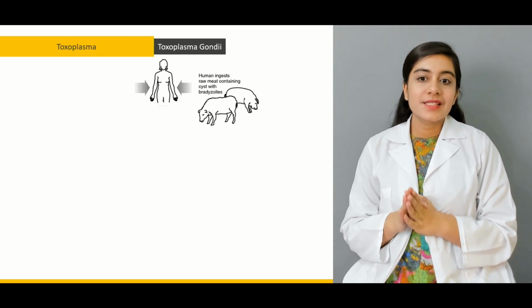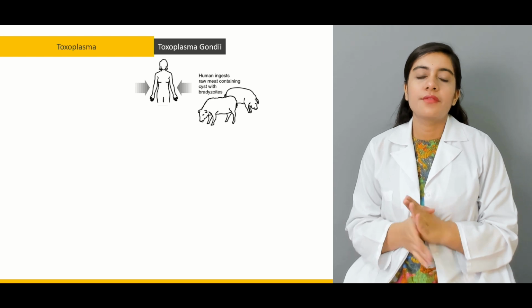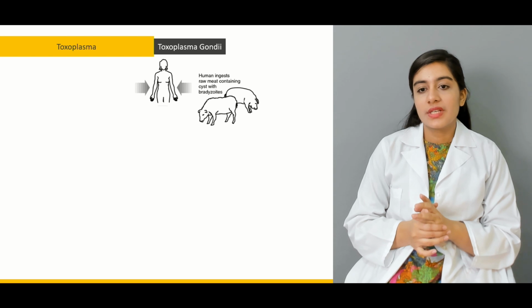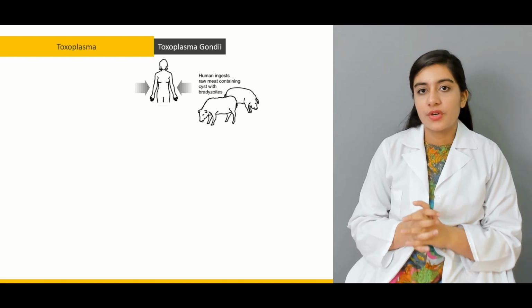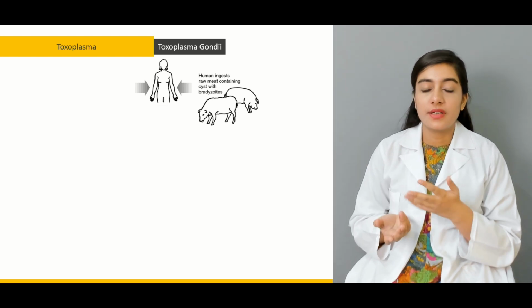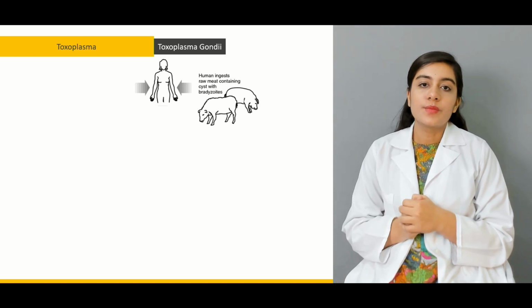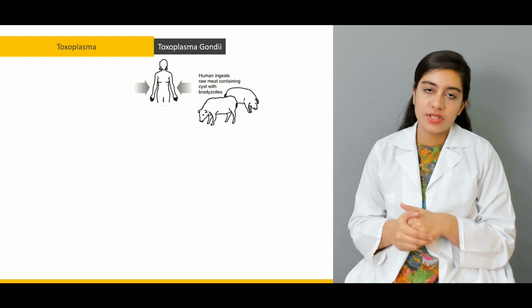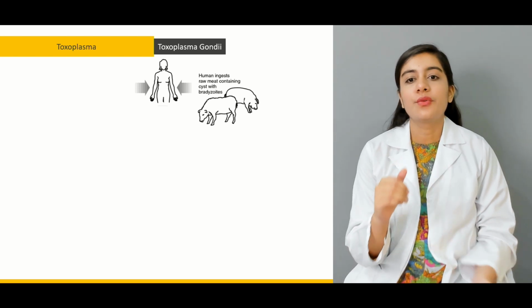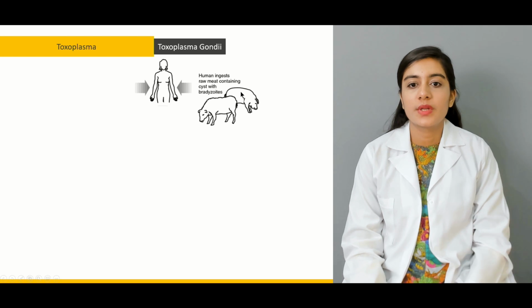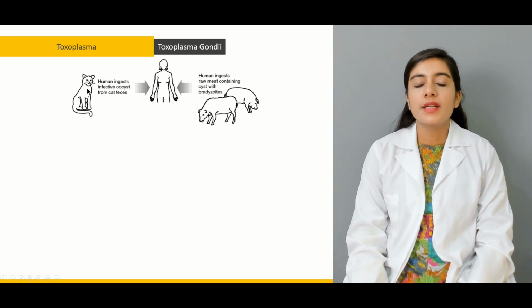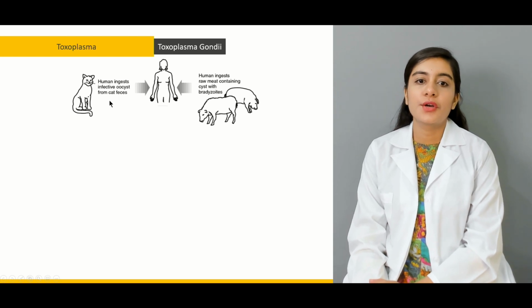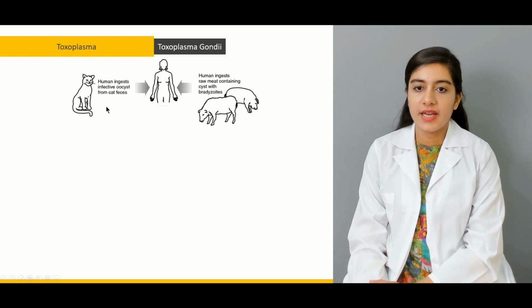Now, the favorite area for the Toxoplasma gondii to sit inside the animal and the person's body is the skeletal muscles. So whenever the skeletal muscles are consumed, they can get into the human's body as well. The second source can be the infected oocysts that are present in the cat feces.